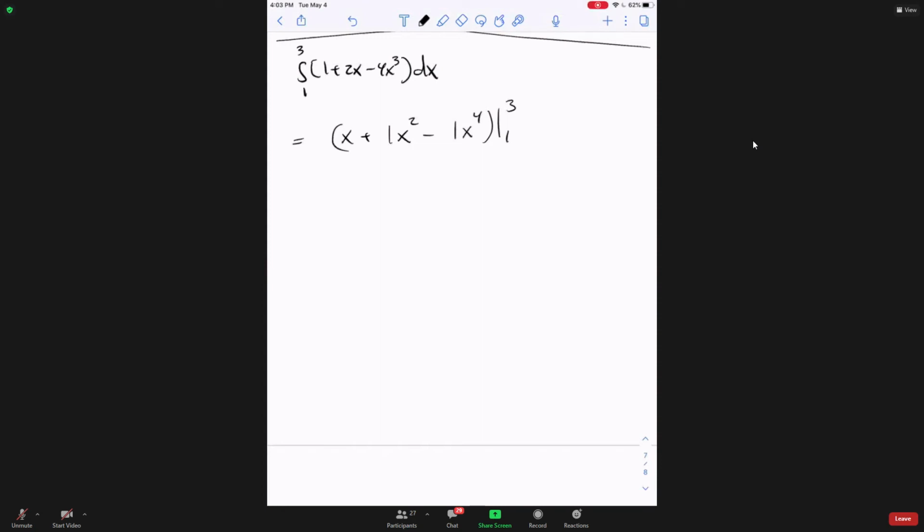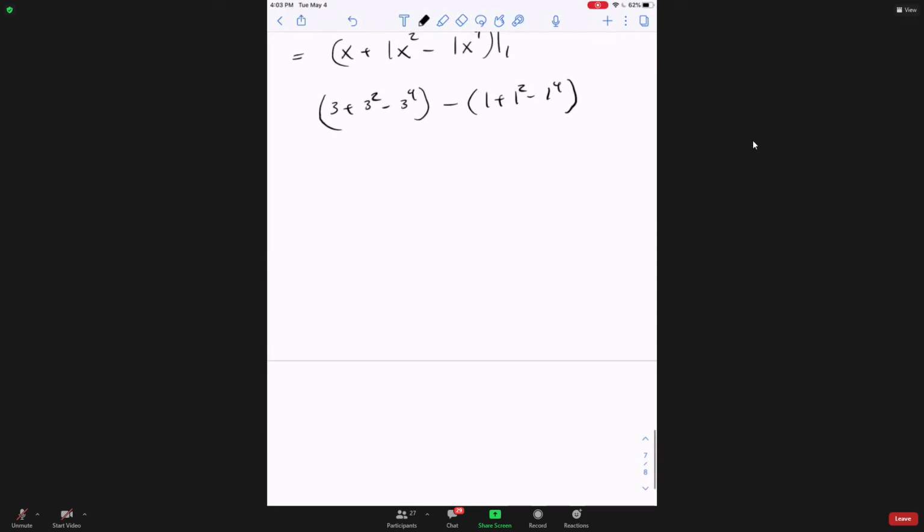Are we good so far up to this point? 3 to the 4th is 81. 1 plus 1 is 2, minus 1 is 1.